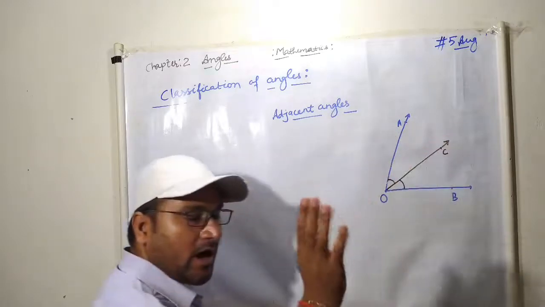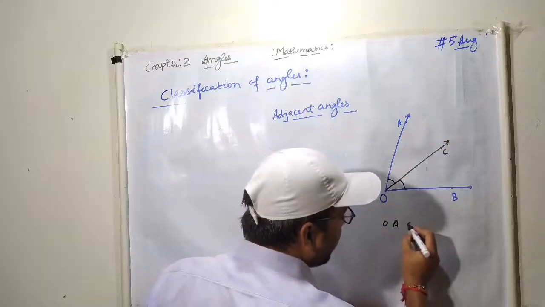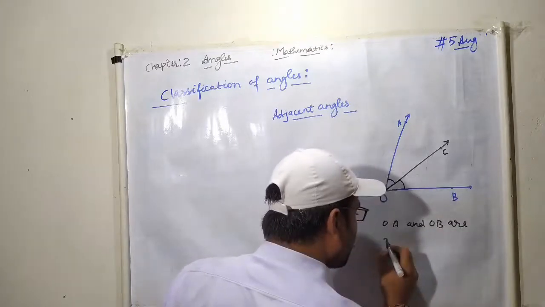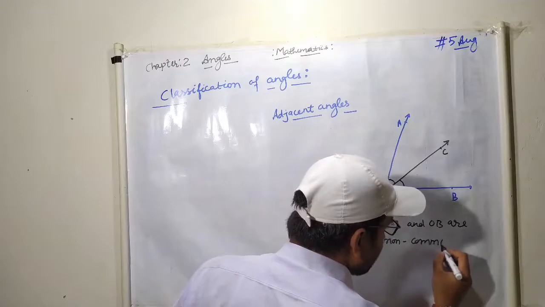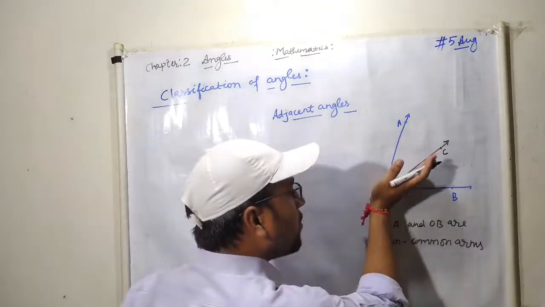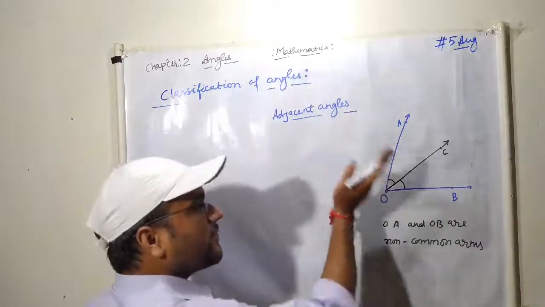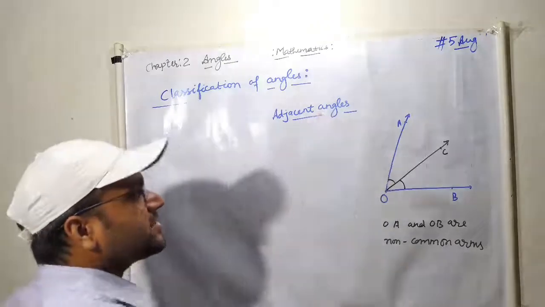OC is the common arm, and the non-common arms OA and OB are opposite of OC. OB is here and OA is on the other side. So these two are called adjacent angles.